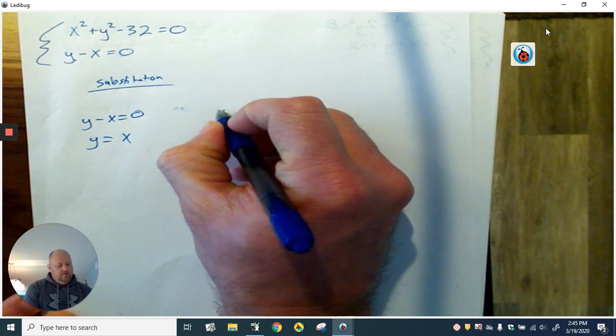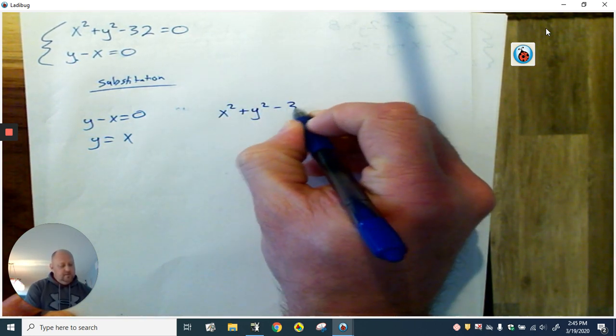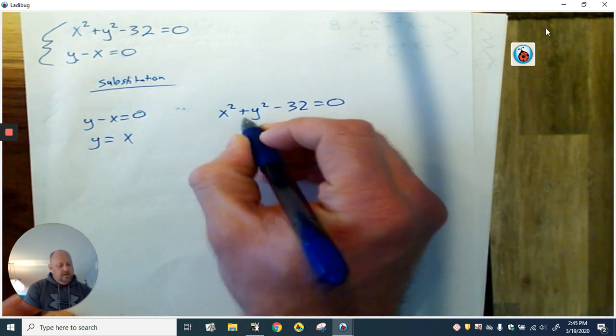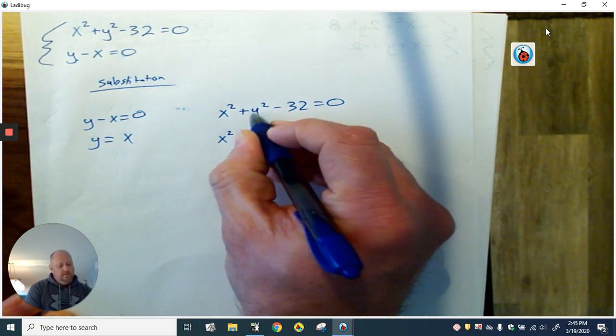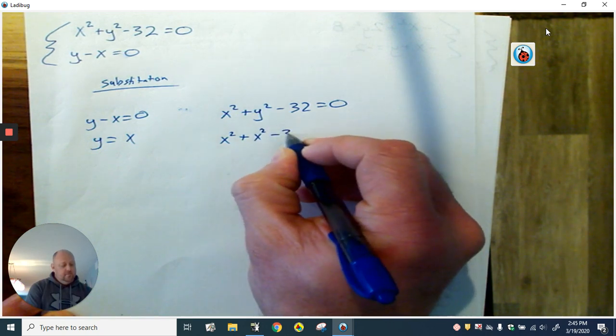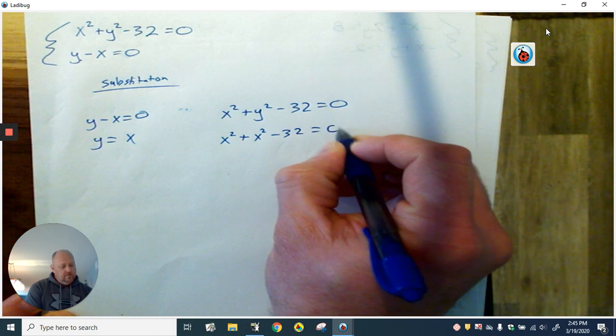And then what we can do is we can just say x squared, and we can substitute. We know that y is equal to x, so I can rewrite this as y squared plus, instead of y squared, that y becomes an x squared minus 32 is equal to 0.